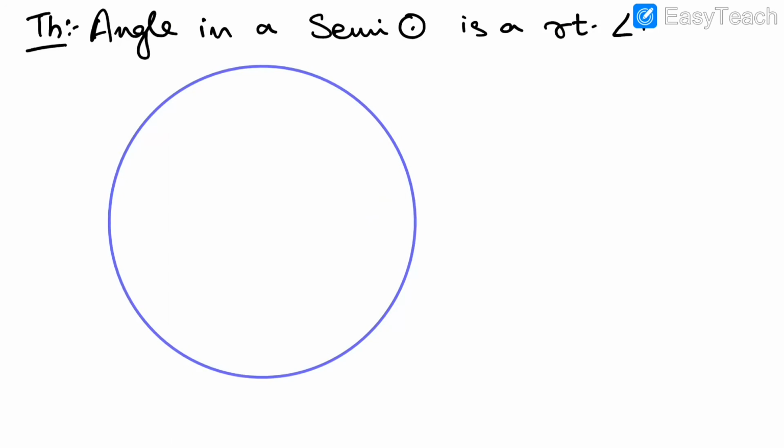So what is it? Let me mark the center O. Semicircle means the circle is divided into half by the diameter of the circle, right? So it states that the angle subtended by this semicircle arc, or the angle in a semicircle, is itself a right angle.